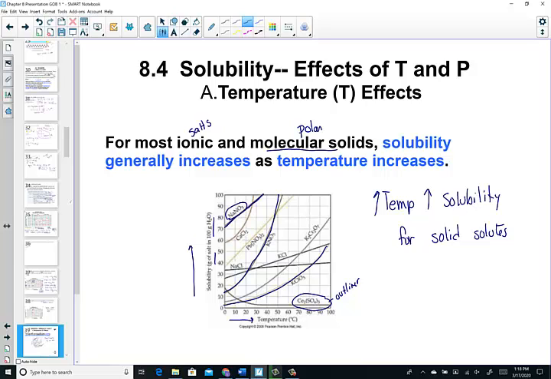We can actually read these graphs and tell me the solubility at a specific temperature. So for instance, if I wanted to know the solubility, let's say of potassium nitrate at 50 degrees, or what might be easier to read. Here's a nice intersection right here. Here's the potassium nitrate. This is the line I'm referring to, KNO3. At 20 degrees Celsius, I have 30 grams of potassium nitrate in 100 grams of water.